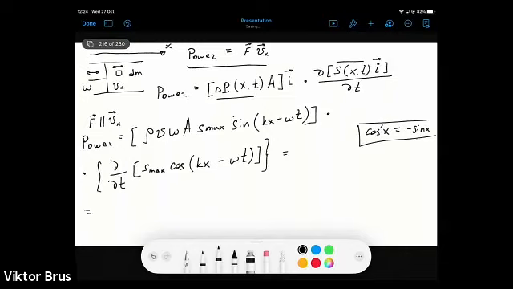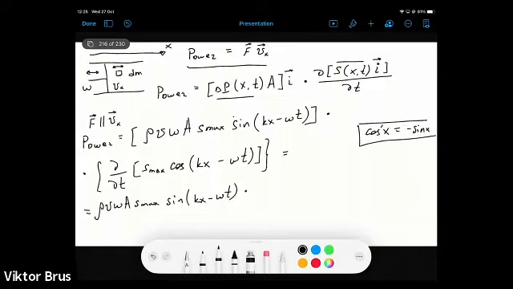So we have our first term, which doesn't change so far, rho times v times omega A s maximum times sine of kx minus omega t, times, now we need to take the derivative. The first derivative of cosine will give us minus sine, and then we need to take the derivative of the argument of this cosine and multiply by it.